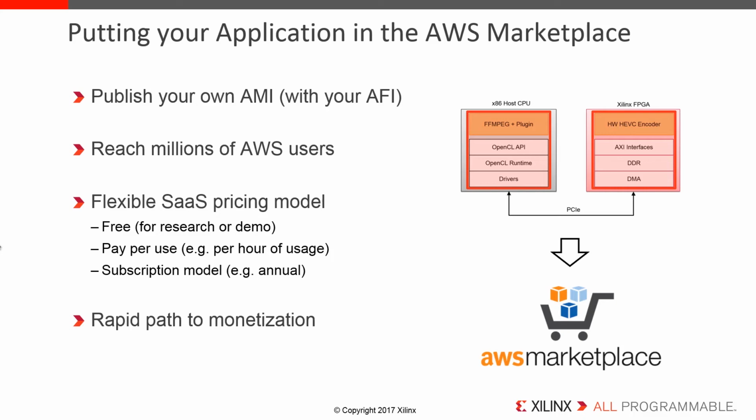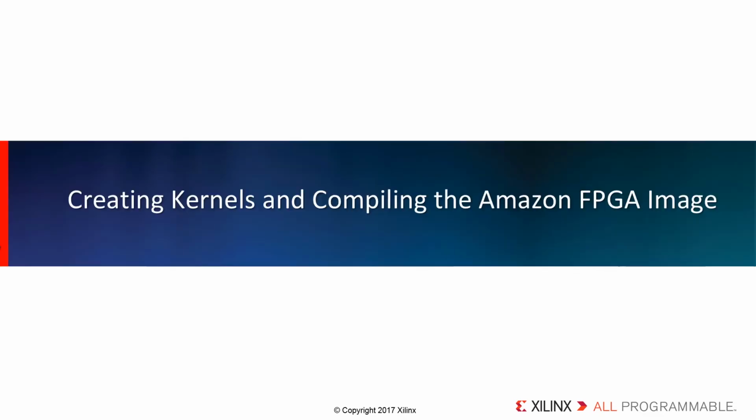This will allow end users to start their own F1 instance loaded with your AMI and have instant access to your acceleration app. Amazon provides various pricing models, offers great flexibility, and a rapid path to monetization. Let's now discuss the steps required to create FPGA kernels, assemble the FPGA program, and compile the AFI.